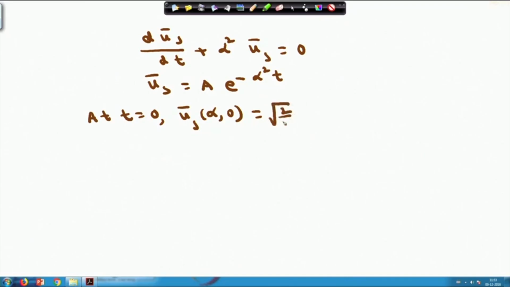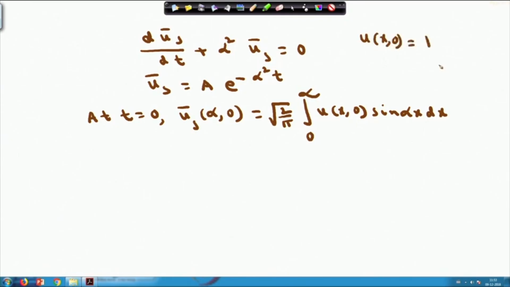If I put the condition from the definition, root over 2 by pi, integral from 0 to infinity of u x 0 into sine of alpha x dx. Now u x 0 has been defined already in the question: u x 0 is 1 whenever x lies between 0 and 1, and for x greater than or equal to 1 it is 0.